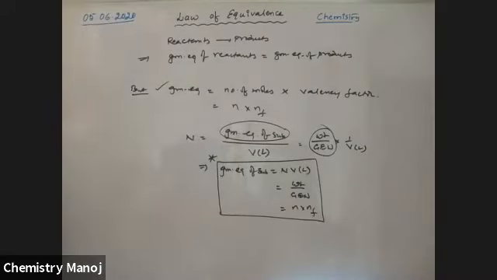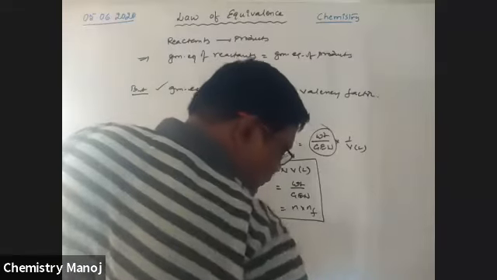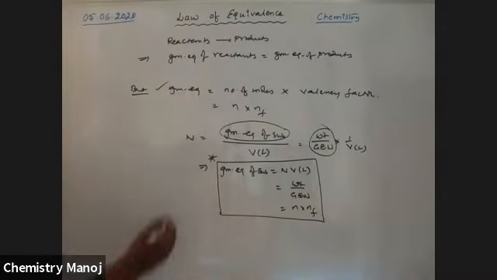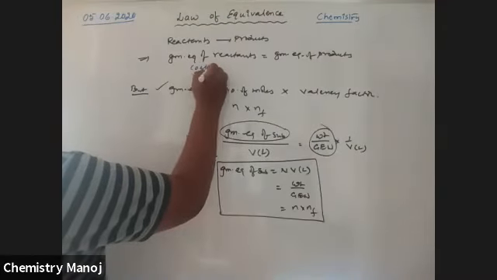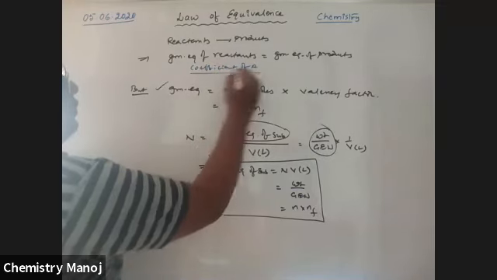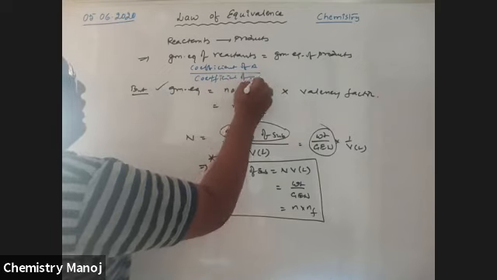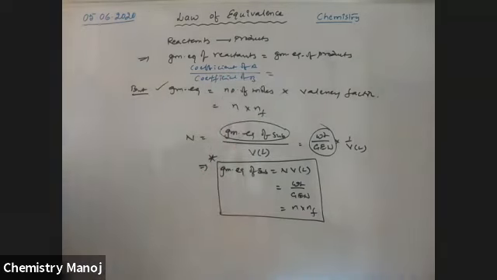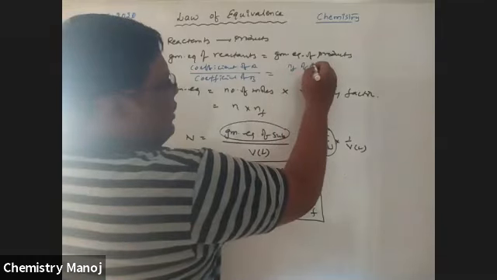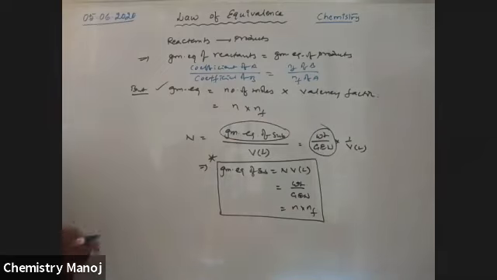Okay. So next, by applying these conditions, finally we will get here: coefficient of A by coefficient of B is equal to N factor of B by N factor of A, if the reaction is balanced.